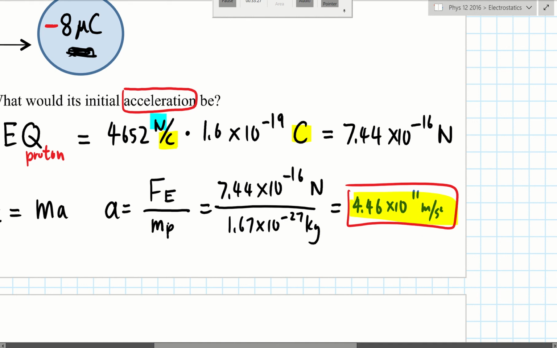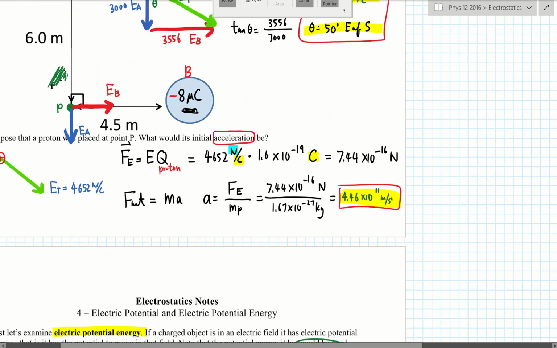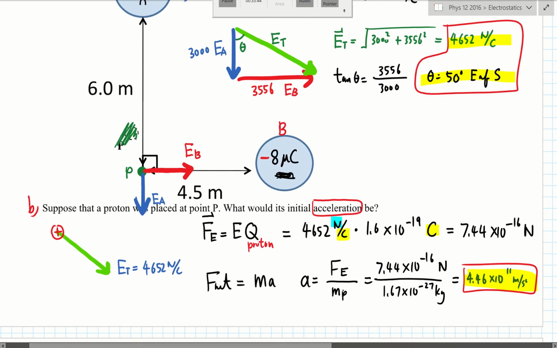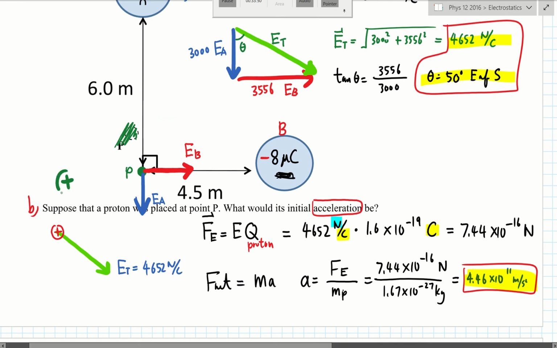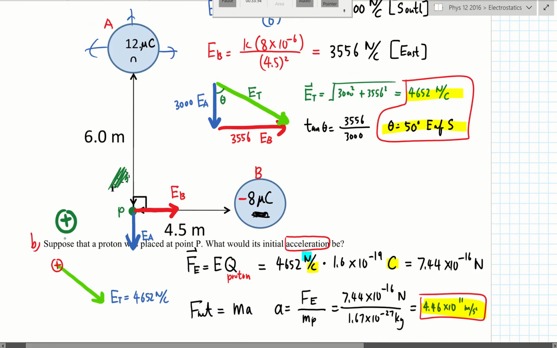Yeah, that's true, but it won't stay there for like a second. It's going to get pushed away so fast that it will only spend a fraction of a second at that location. And remember, once it starts moving away, you're talking about a proton that's being forced in this environment where it's extremely close to two charges.